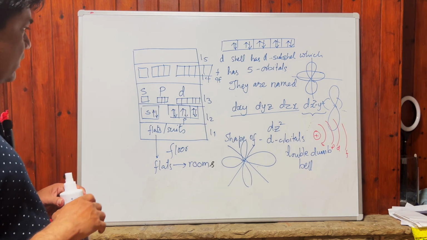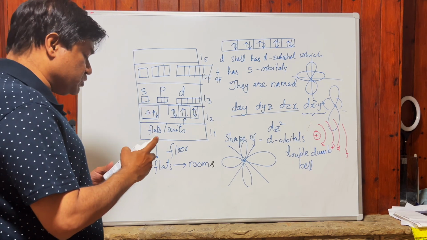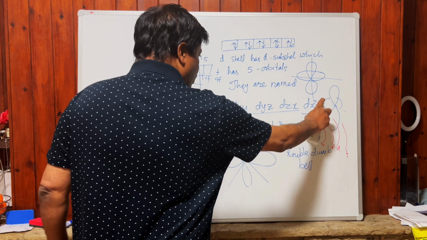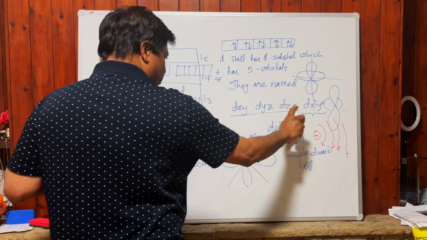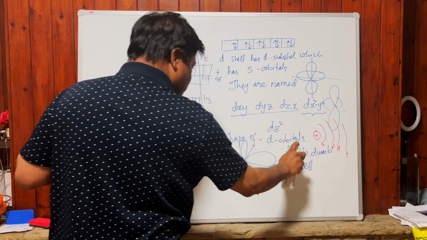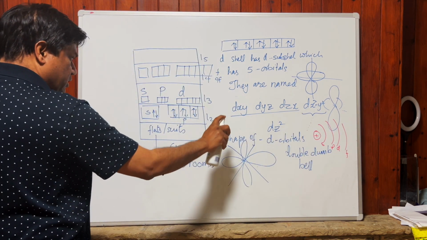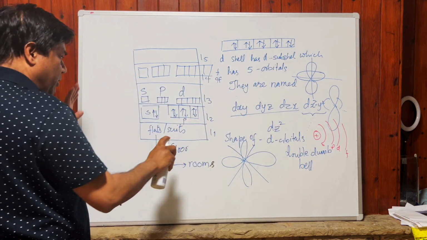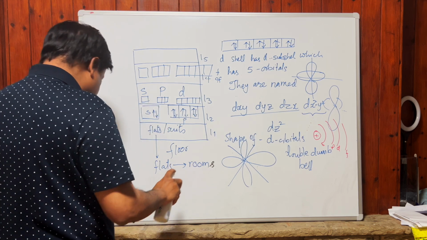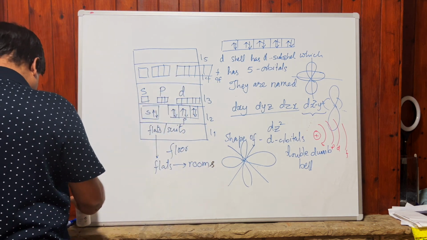It has 8 lobes, so we don't need to worry about its shape, but we can say the f subshell has 7 orbitals, and we can fill a minimum of 1 electron and a maximum of 14 electrons.